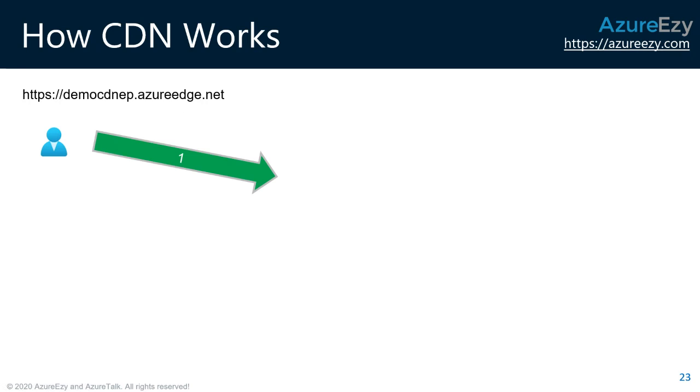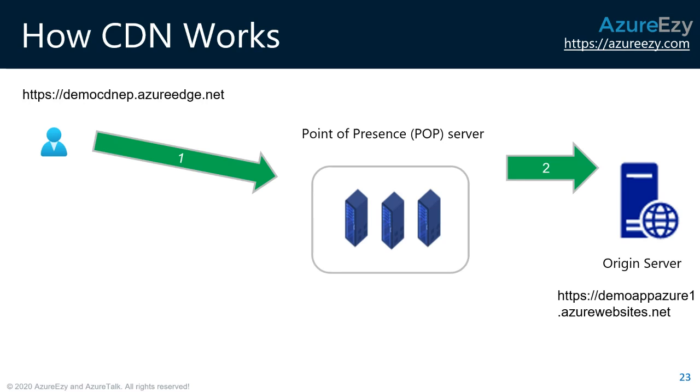Now, once this user accesses this, what will happen? It will not directly connect to the original server in the first instance, because we have CDN implemented. It will go to the point of presence server, or you can call it the edge server as well. This edge server will check whether this user has requested this thing for the first time or has requested it earlier as well.